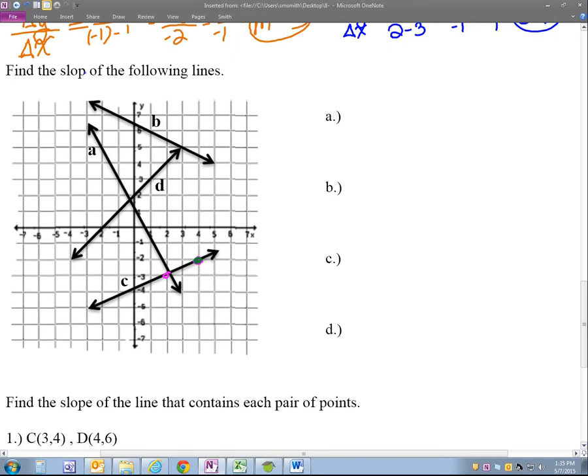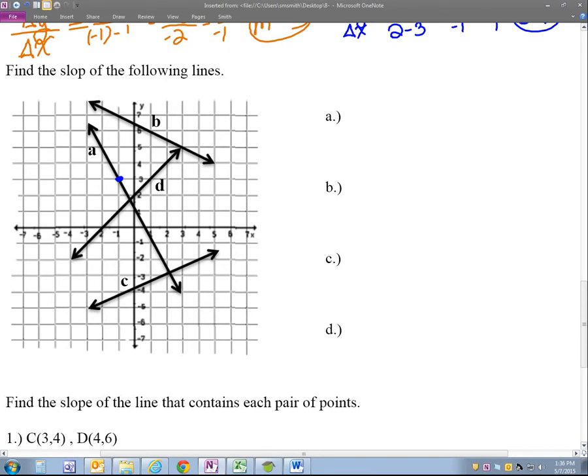All right, so here's A. We're going to find the slope of line A. When we're looking at this, there's a couple of different ones that look like they might have a perfect intersection. So we have a couple that could be going straight through. Here looks like one.